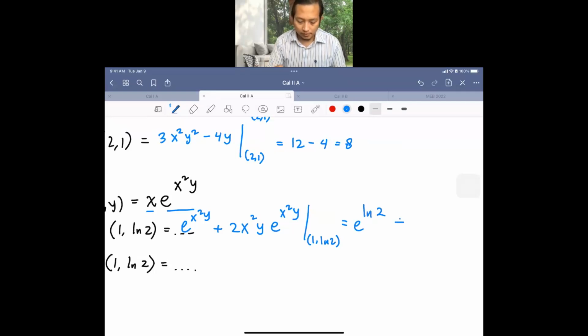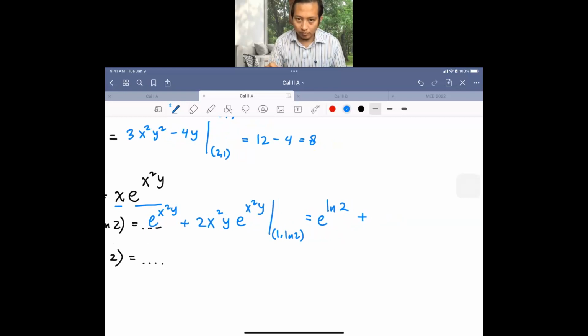And then plus 2 ln2 e to the ln2. So this will be 2 plus this will be 2. So we will have, let me just write, 4 ln2, right? Okay.